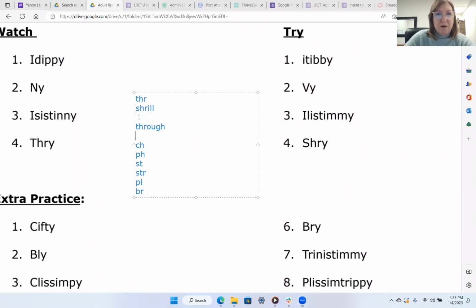Phrase, I'll put it up here. So phrase has the PH as the digraph, PHR. So to answer your question, it's all included. It's not the digraph and then the blend, it's all the digraph blend. PHR is the digraph blend. Yep. Okay, good. Excellent question. Any other questions before we go down to the extra practice?